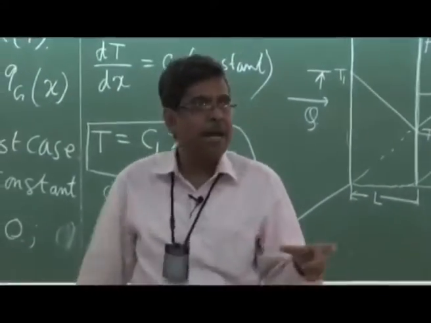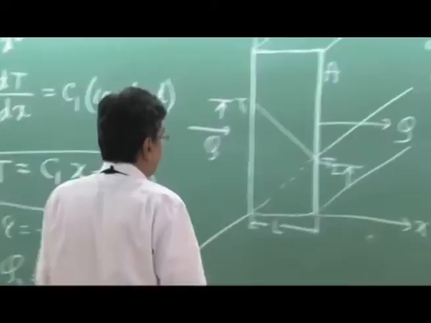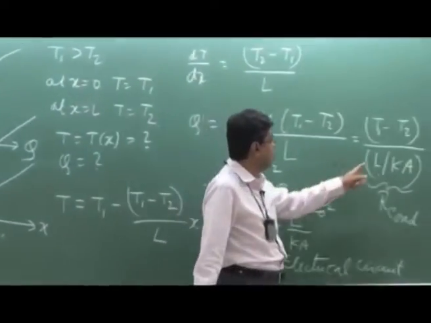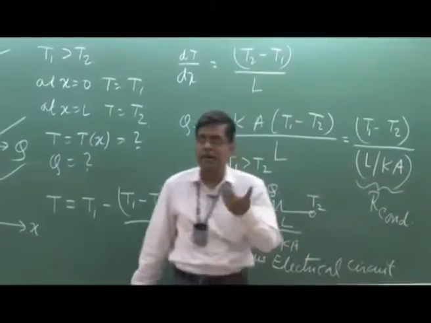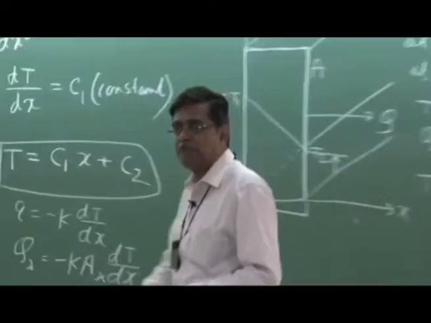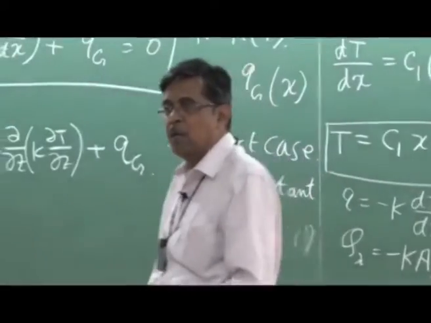That means current flowing through a DC resistor, where the flux is directly proportional to the potential difference since the resistance is constant. Geometries are fixed and thermal conductivity is constant, based on which this linear profile deduction is made.